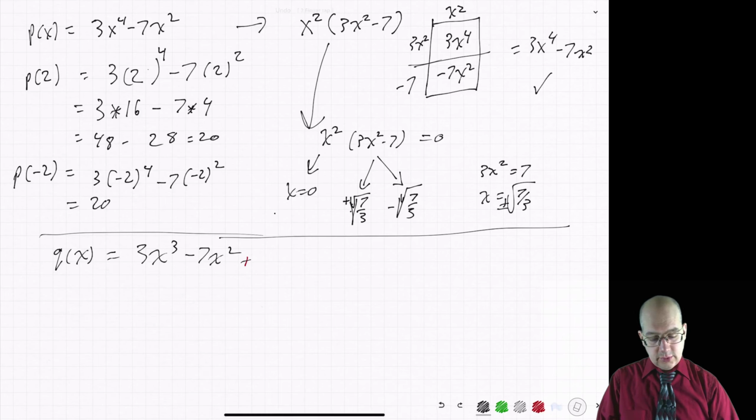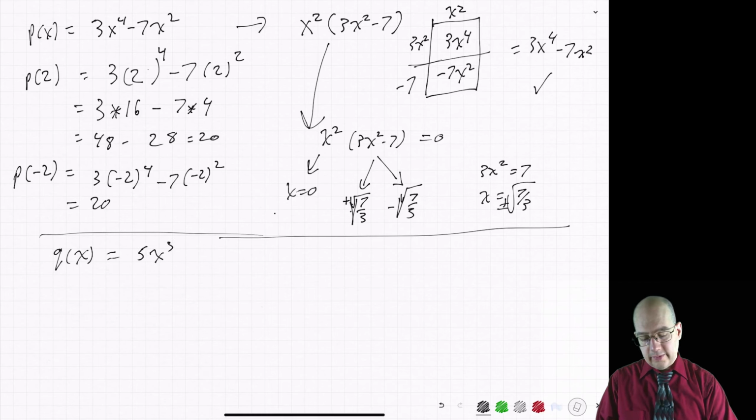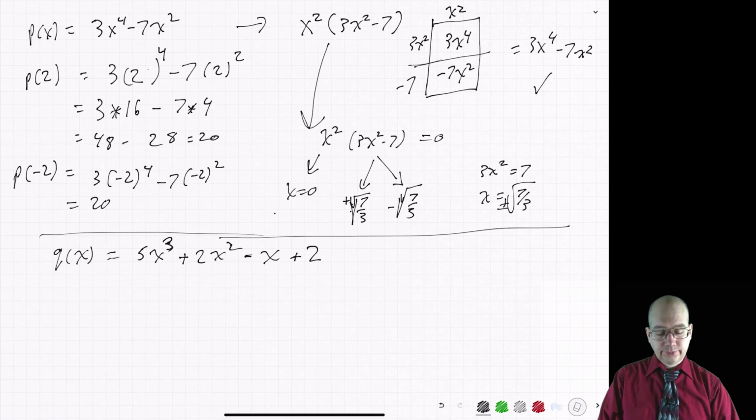Wow, I'm really in a rut here. 5x cubed plus 2x squared minus x plus 2. So that's another polynomial. And I don't expect anything nice to come out of this. I just wrote it down.